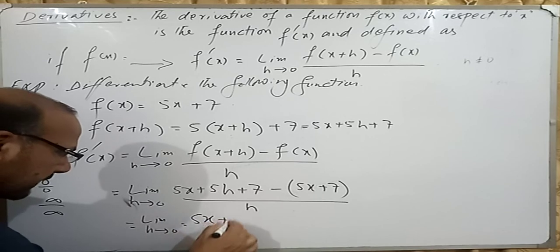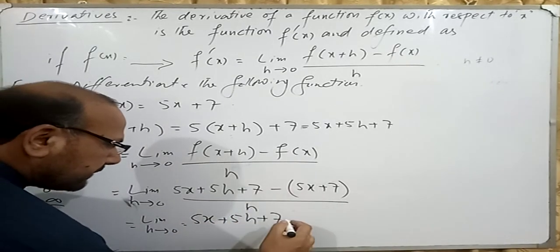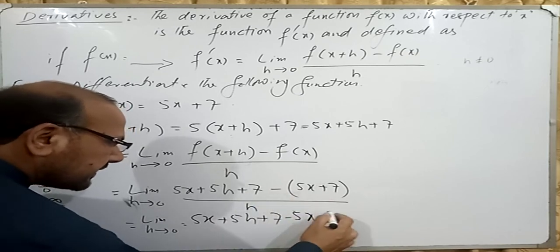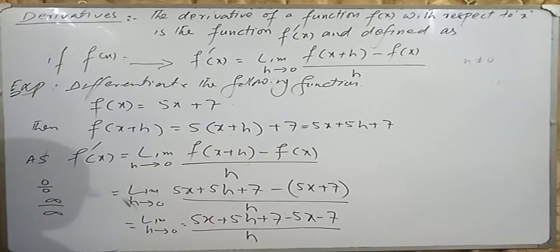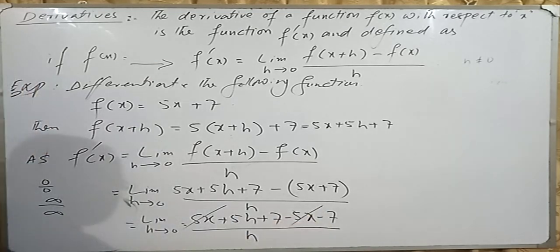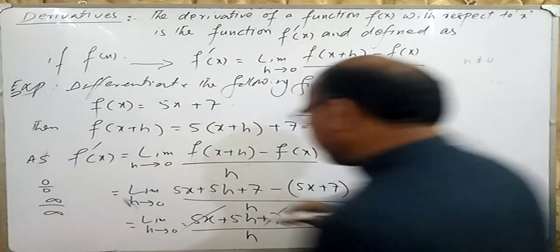5x plus 5h plus 7, minus 5x, minus 7, and divided by h. Now you will search whether we have a chance of cancellation, so 5x cancels with minus 5x, plus 7 cancels with minus 7. Now what is remaining?